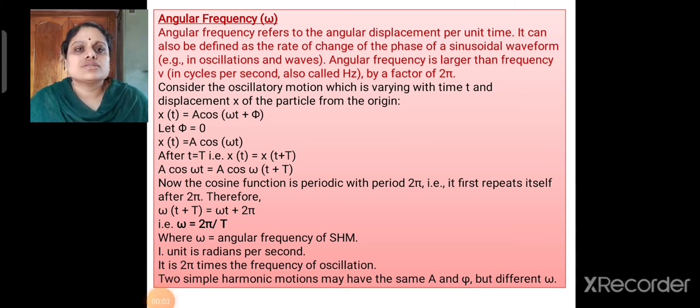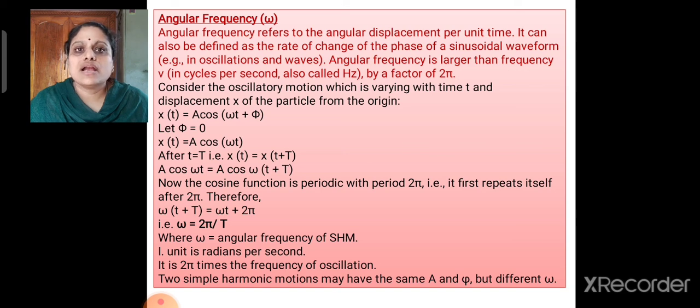Consider an oscillatory motion in which the displacement x of a particle is given by x(t) = A cos(omega t + phi). If we take the initial phase phi to be 0, then x(t) = A cos omega t. Since this function is periodic, x(t) must be equal to x(t + T), where capital T is the time period.